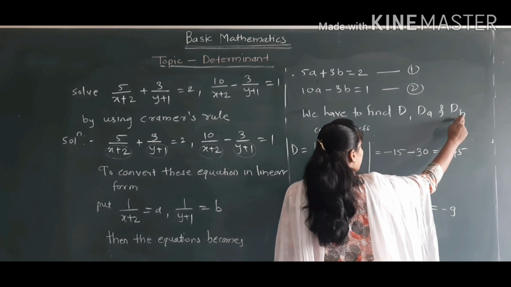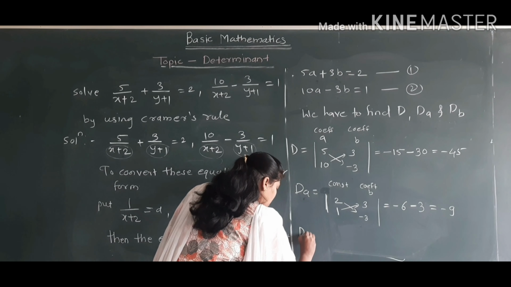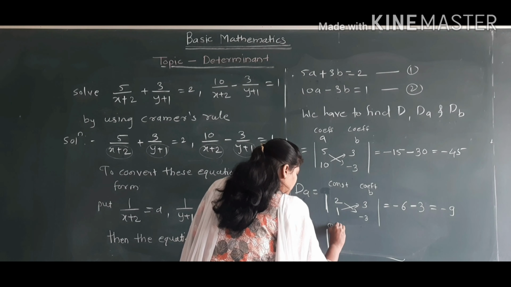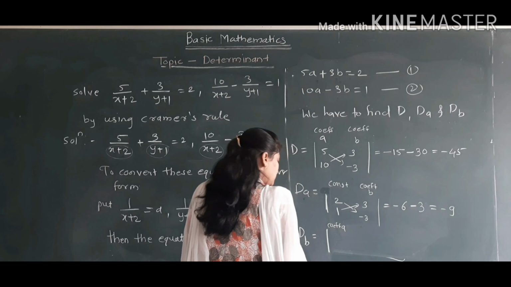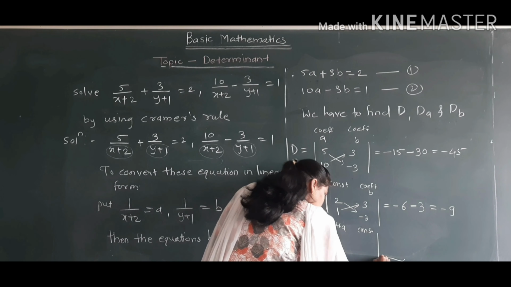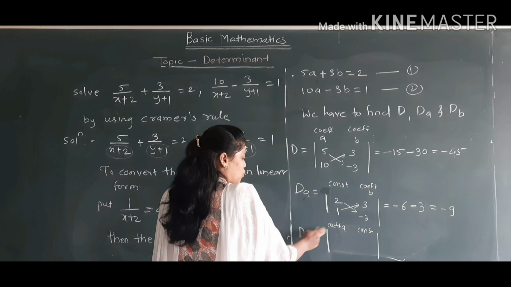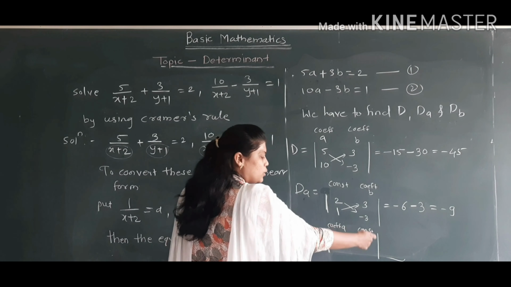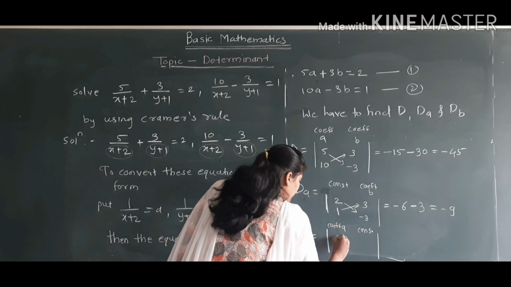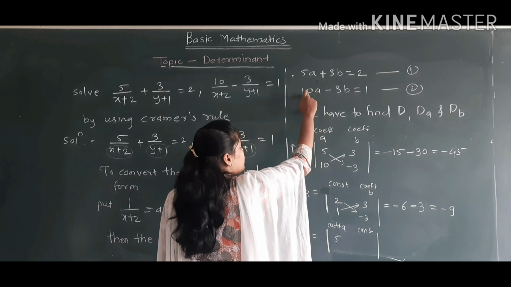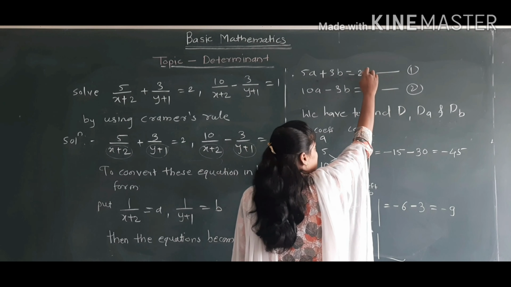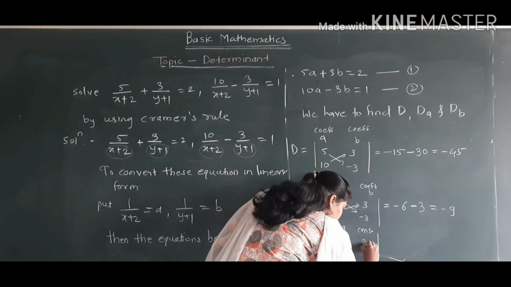Now find dB. In dB, the coefficient of a stays as it is and the coefficient of b is replaced by the constants. The coefficient of a is 5 in the first equation and 10 in the second, and the constants are 2 and 1.